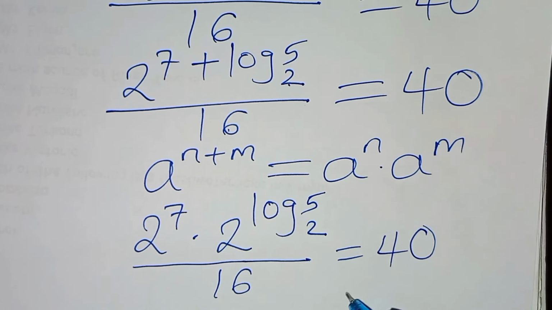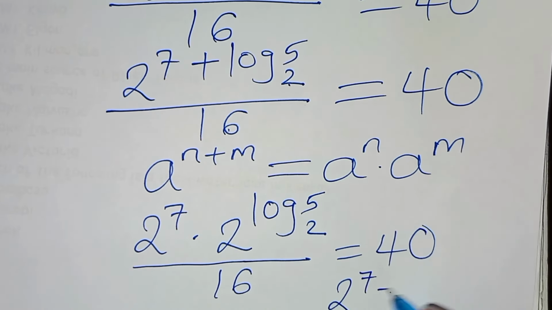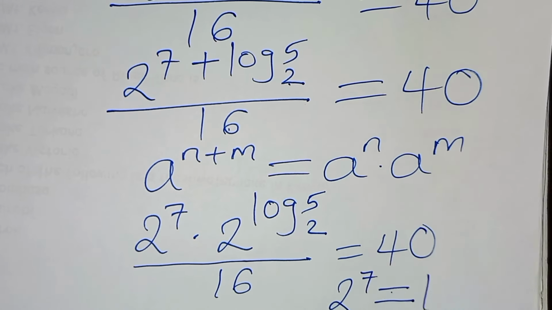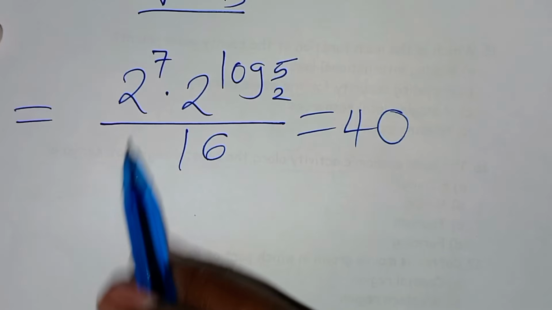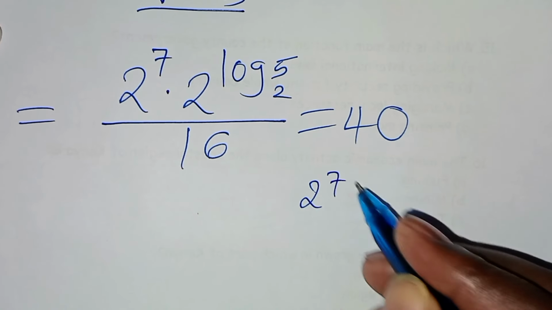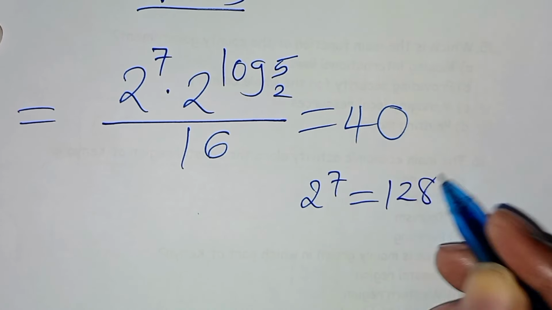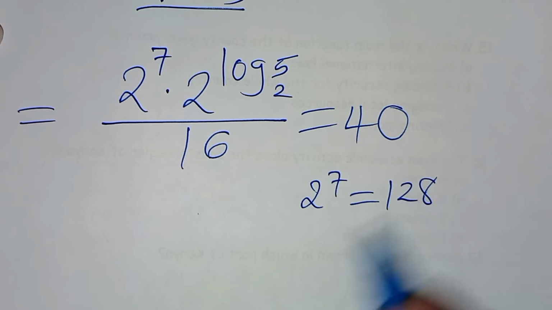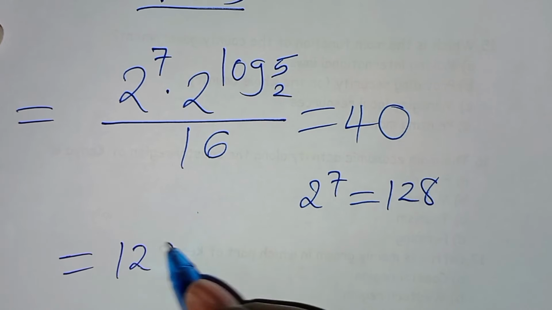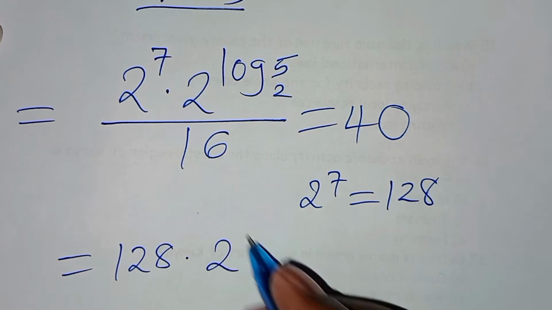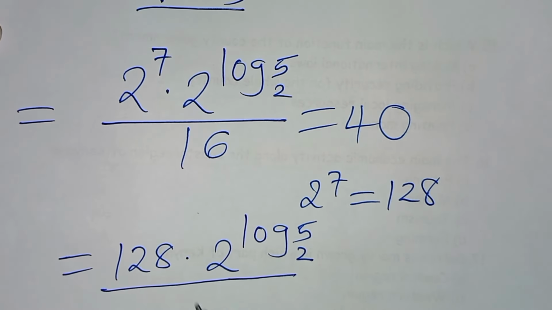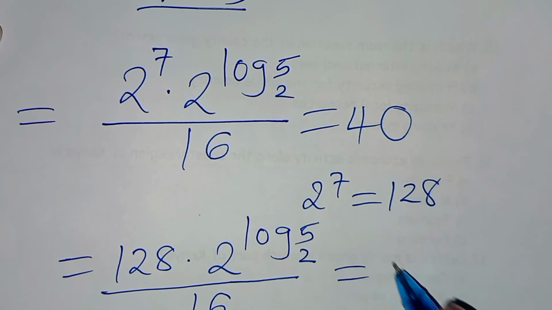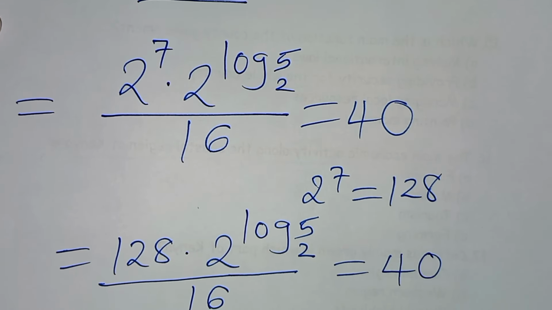From here, we have that 2 to power 7 is essentially equal to 128. So let's substitute this. In this case, we'll have 128 multiplied by 2 to power log 5 to base 2, all this divided by 16, which should give us a value of 40.